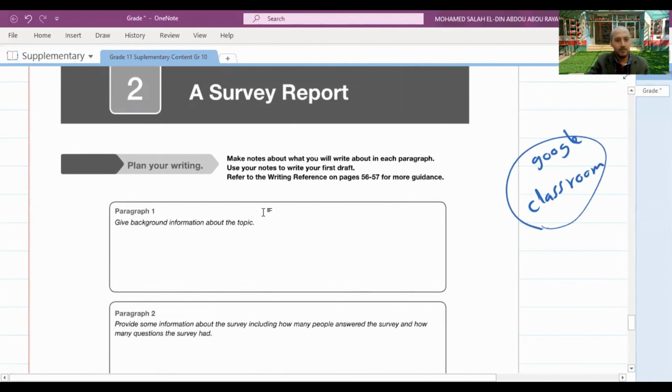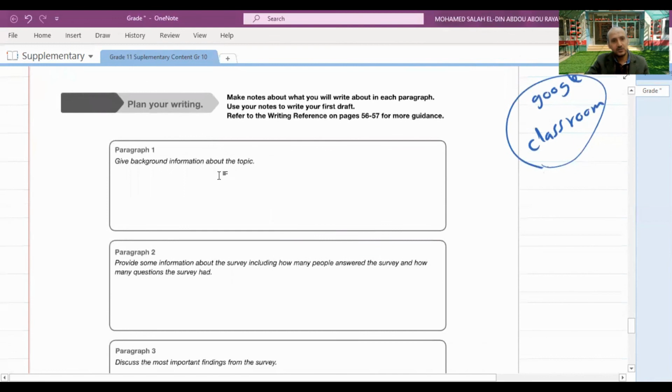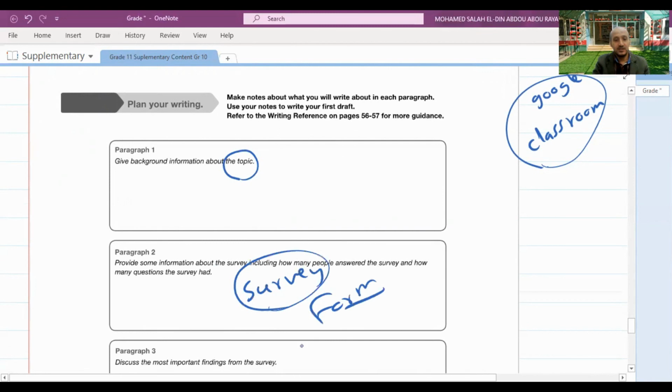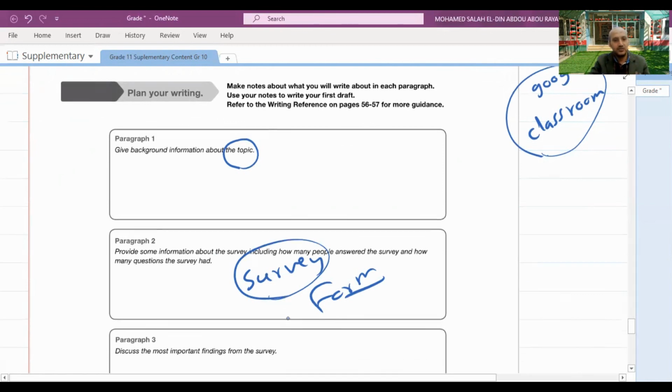Here we have the 4 paragraphs: the background, the topic, then the survey. I did a survey about so and so. I have how many questions and how many people. That's it. It's very easy, second paragraph.